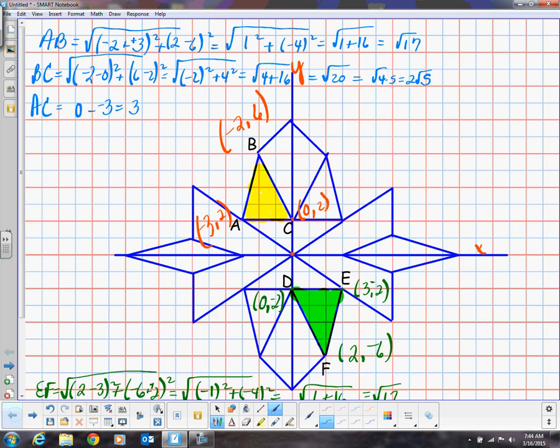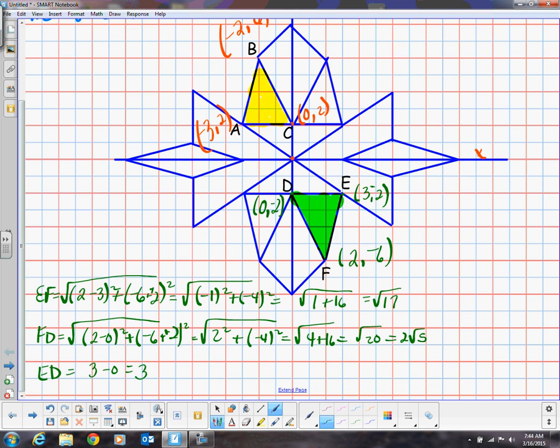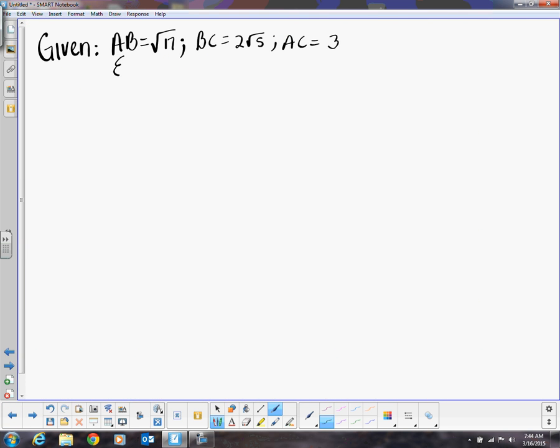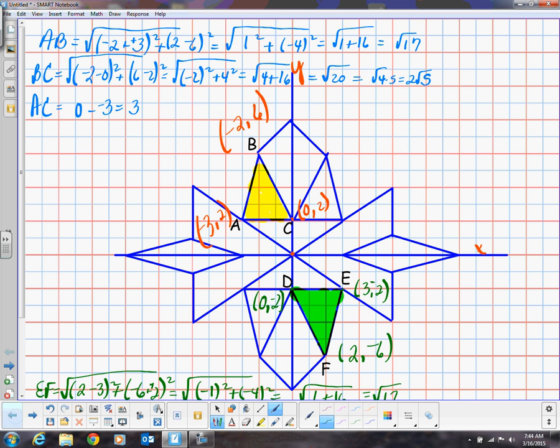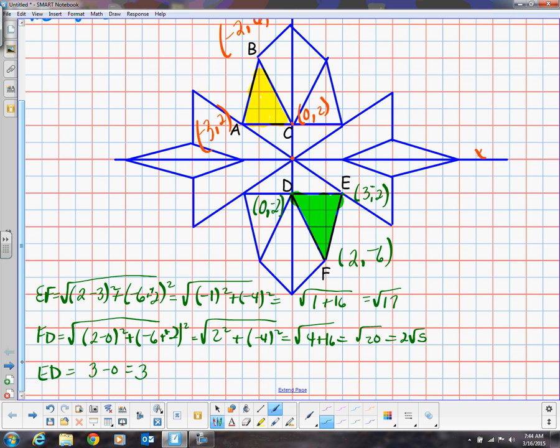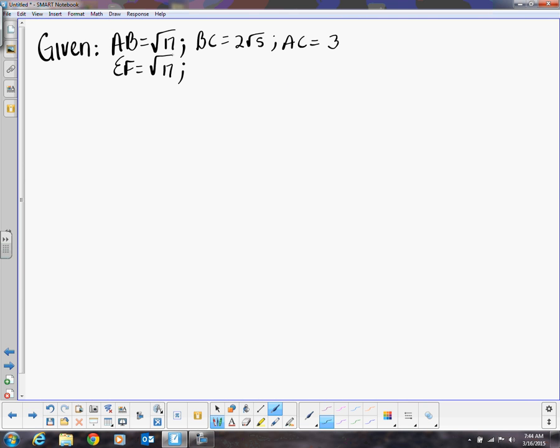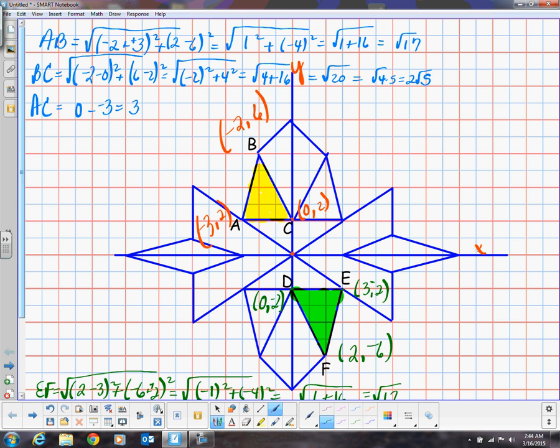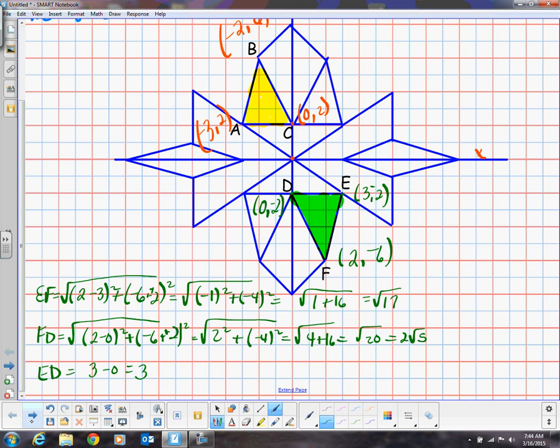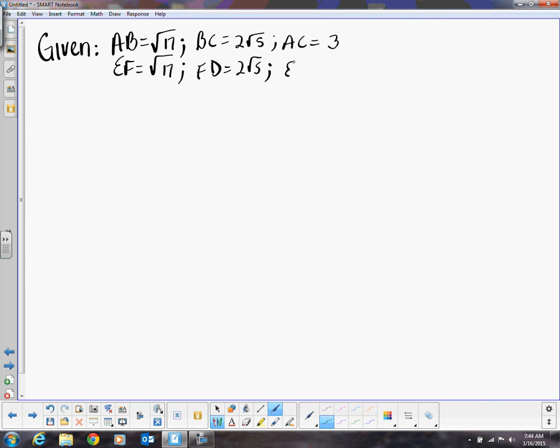I've also been given that EF is square root of 17. I've been given that FD is 2 square root of 5, and I've been given that ED is 3.